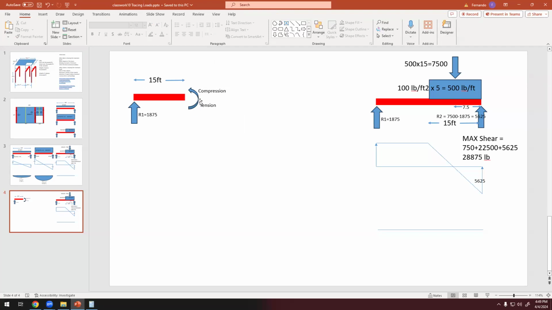Okay, and how much is that moment? It's quite easy because the moment equals the force, 1875, times the distance, and the distance is 15 feet, times 15.